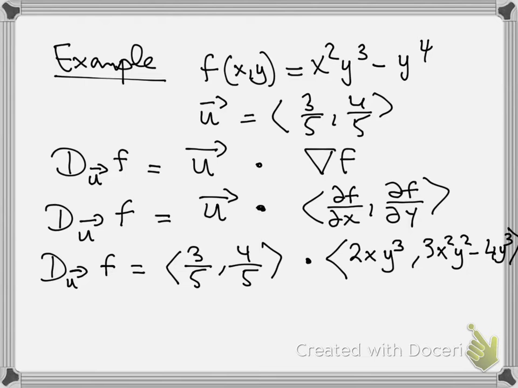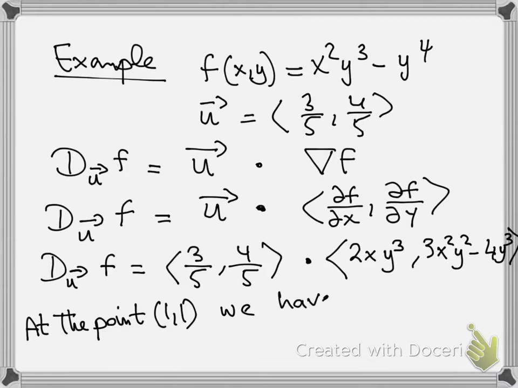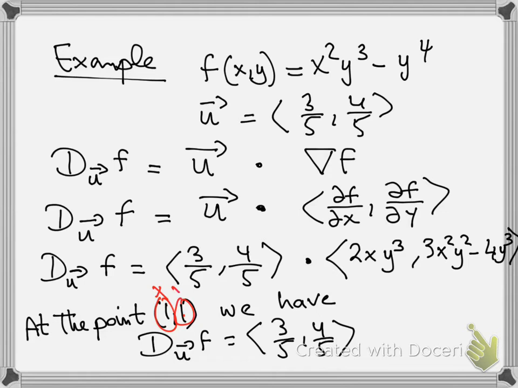Now, at the point (1, 1), this directional derivative would be equal to (3/5, 4/5). At the point (1, 1), it means that x is equal to 1 and y is equal to 1.